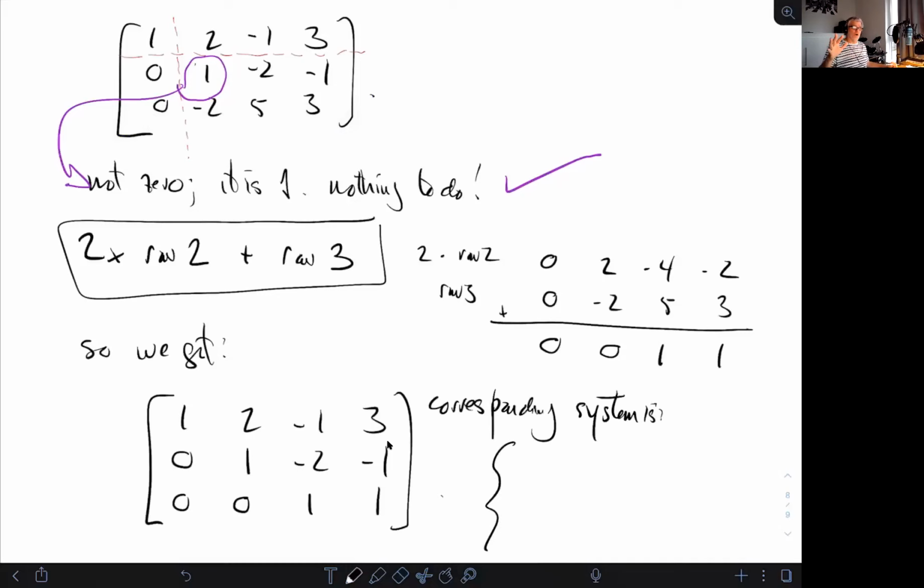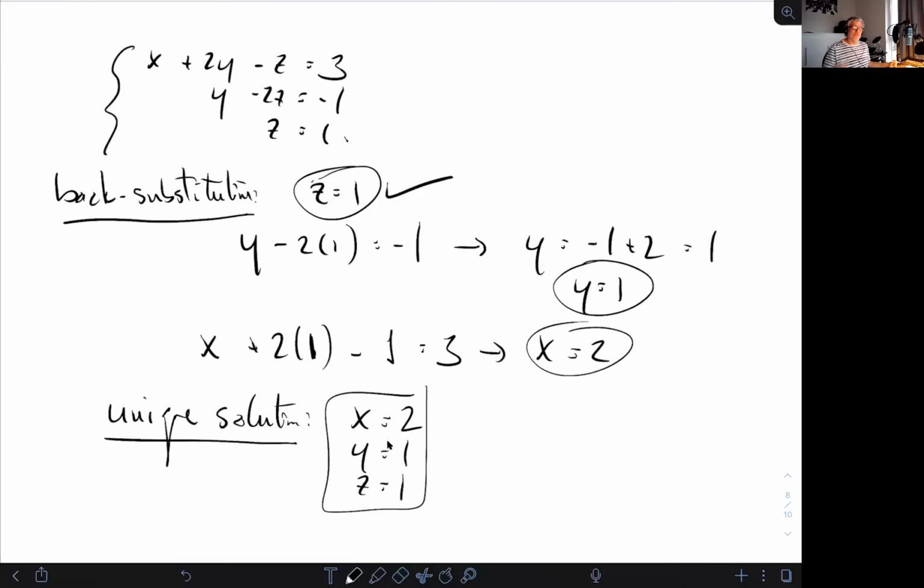So we have a unique solution, which is x equals 2, y equals 1, z equals 1. What should I do at this point? If I'm a good student and I'm smart and I have time, I take those values and I put them back into the original system.